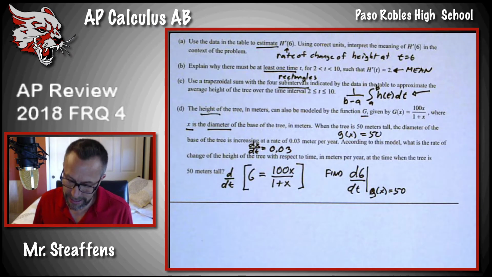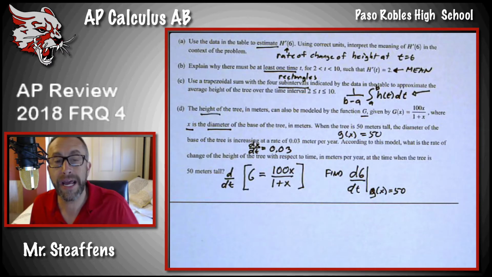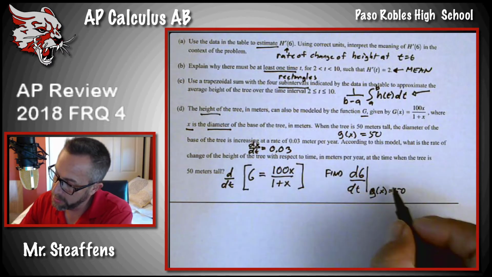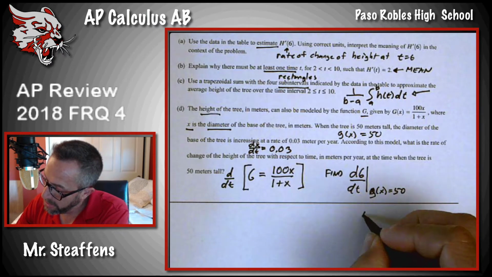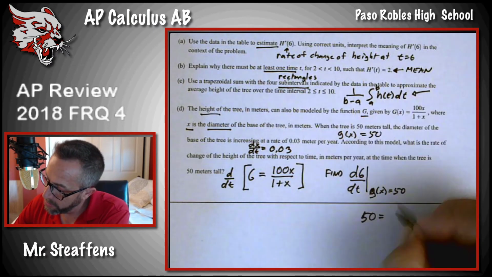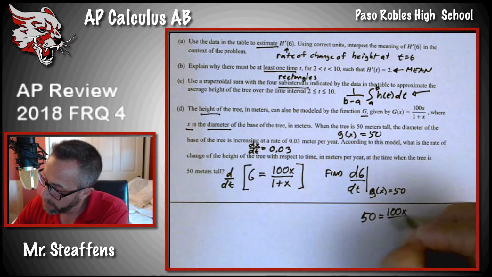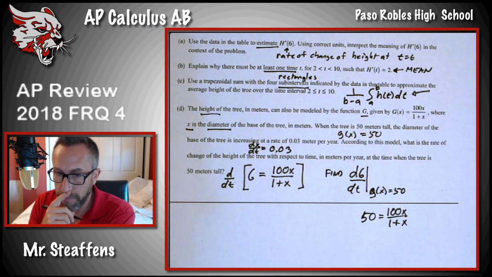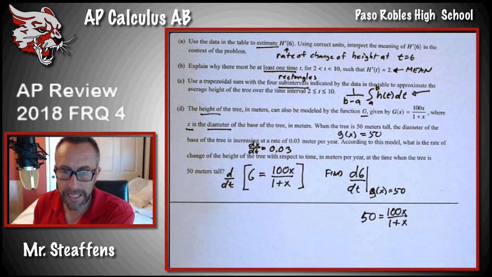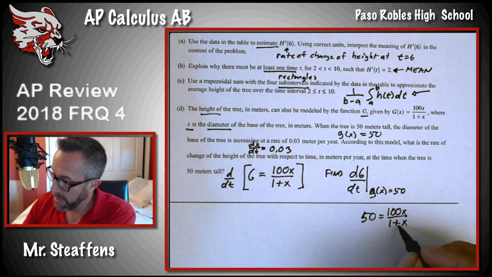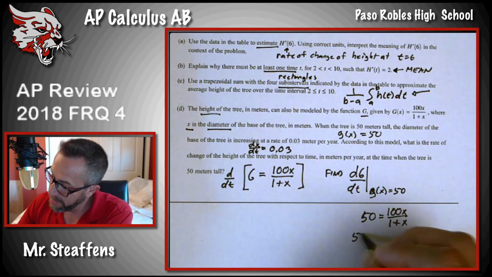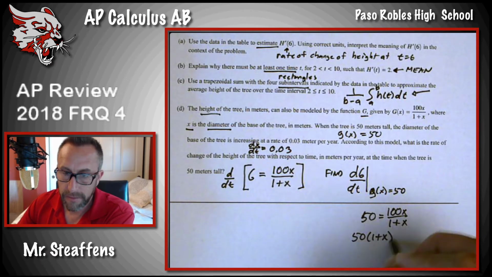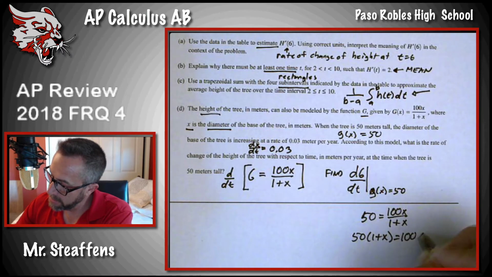So let's see what we get. We might need x, so we can do that real quick too. If g of x is 50, then 100x over 1 plus x equals 50. Let's do it the long way. So I get 50 times 1 plus x equals 100x.